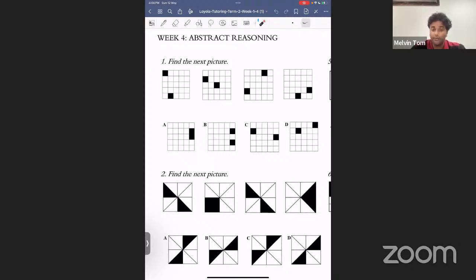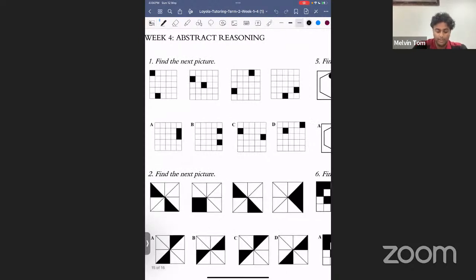So the first rule, when you get a question like this where you have two identical features and you don't know how it's going, the rule is essentially one of the features must have a simple pattern, right? One of the features must have a simple pattern.